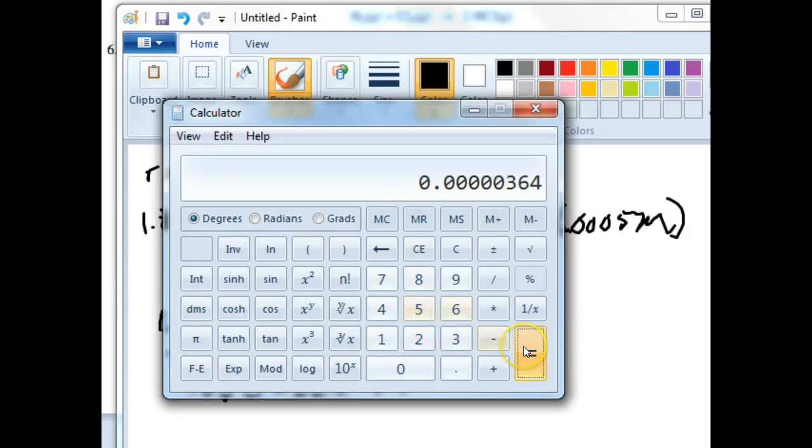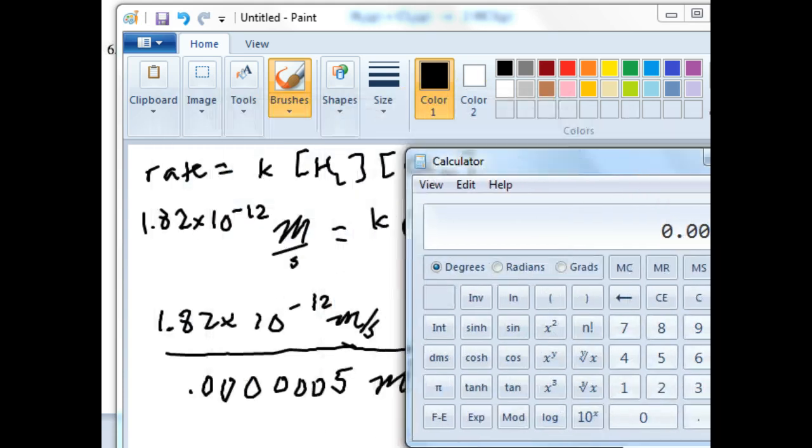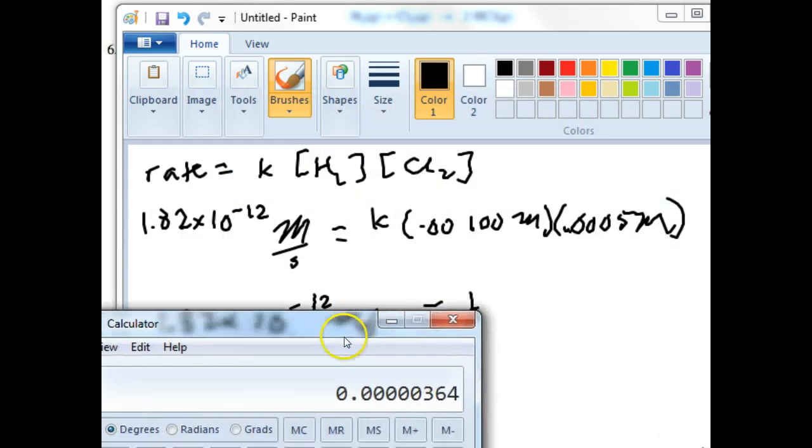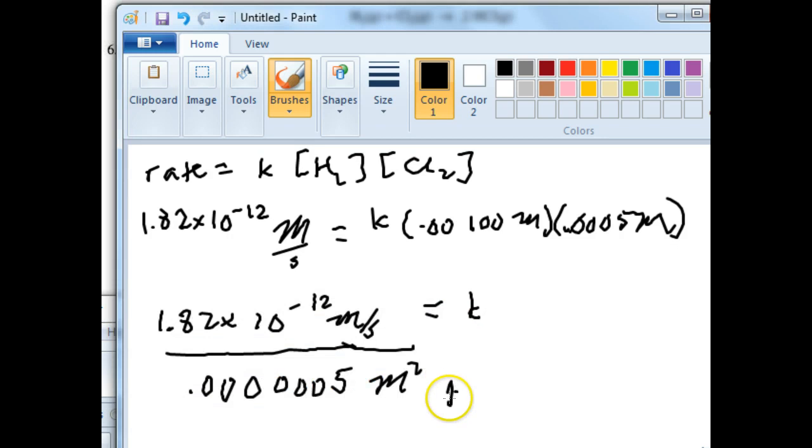Okay, so I get 3.64 times 10 to the minus 6. How many significant figures? 3 significant figures. So I get K equals 3.64 times 10 to the minus 6.